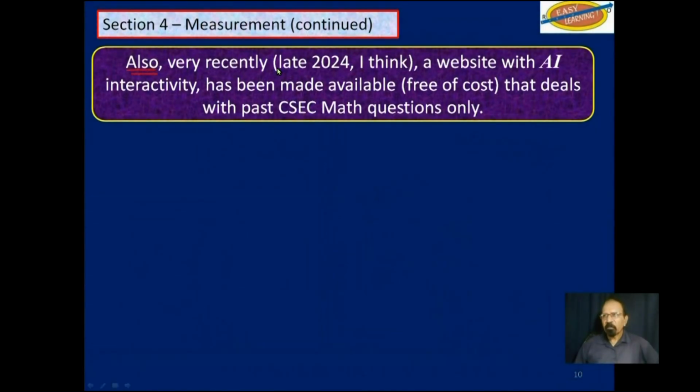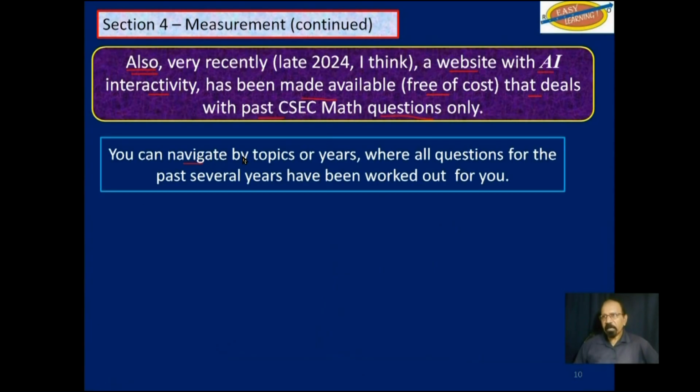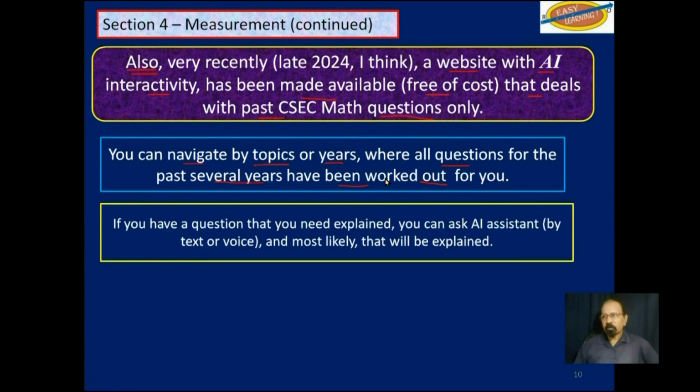Also, very recently, a website with AI interactivity has been made available free of cost, and this website deals with past CSEC math questions only from paper 2. You can navigate by topics or years, where all questions for the past several years have been worked out for you. That is, all questions from paper 2. If you still have a question that you need explained, you can ask the AI assistant by either text or voice, and most likely that will be explained.